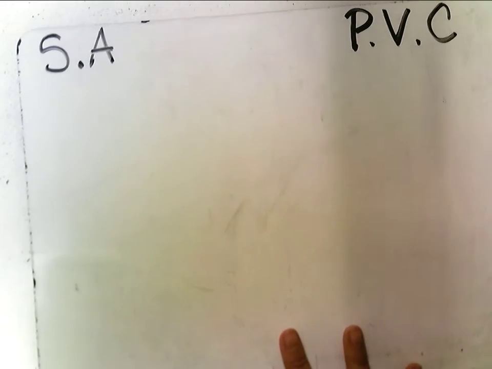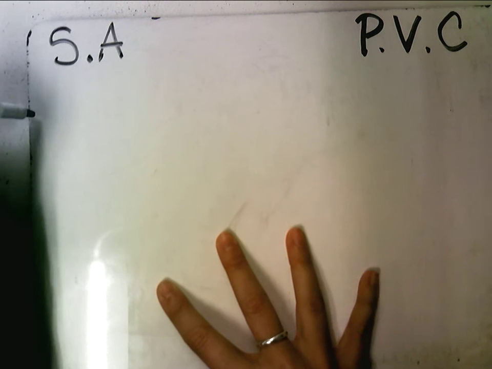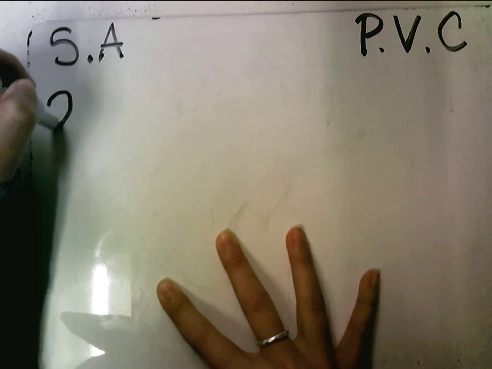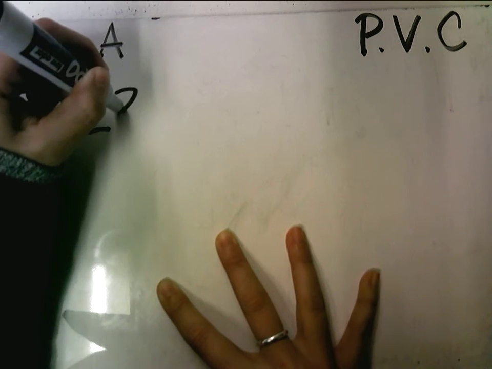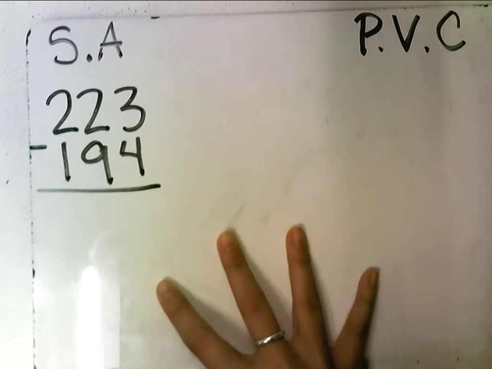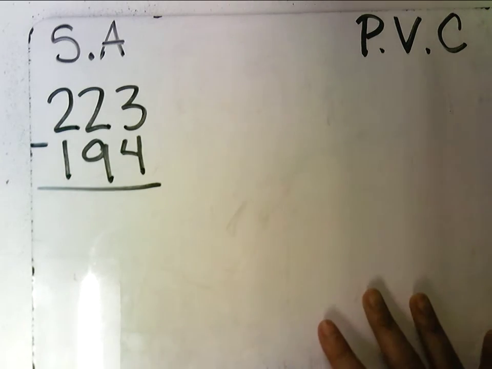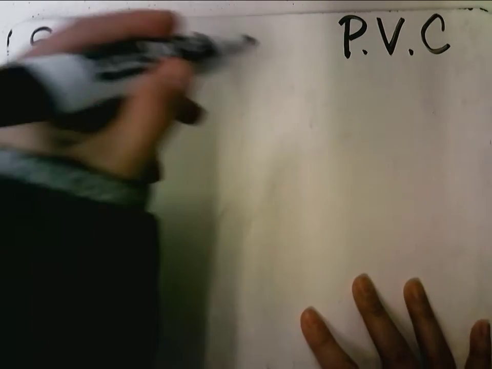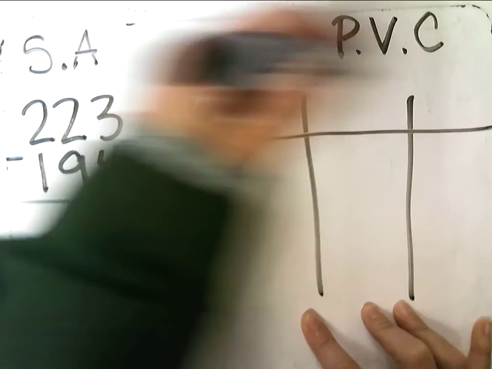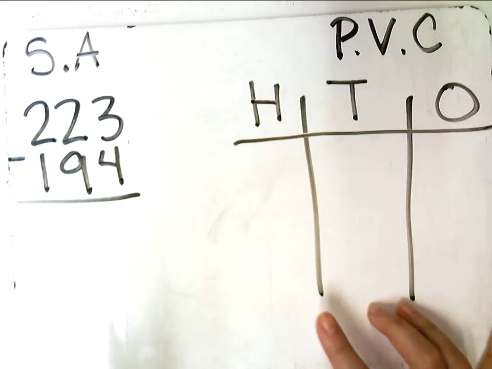All right, let's work through this really quickly now that we've had one chance to do one. So I'm going to write our equation. We're going to subtract 223 minus 194. We're also going to make our place value chart on our right-hand side. 2 lines, line across, hundreds, tens, ones. There we are.